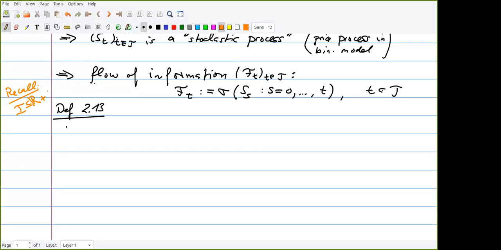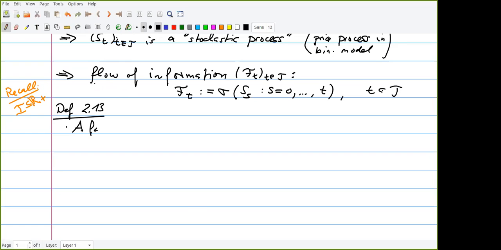There I don't want to recall all the definitions. Also, if you do more advanced probability theory, you will consider more general index sets than this finite number of steps as we do more or less all the time in this course. So this is just the index that I want to use now. But if you say, okay, for me in this course it's enough to replace I with T all the time, be my guest and do so.